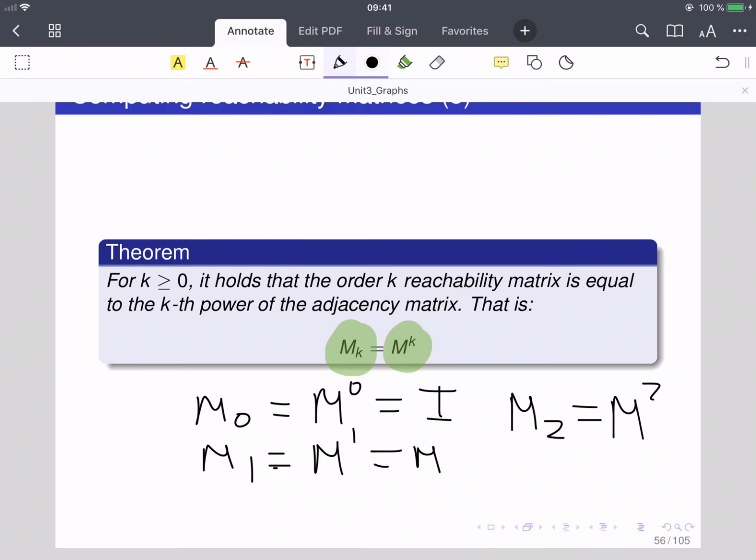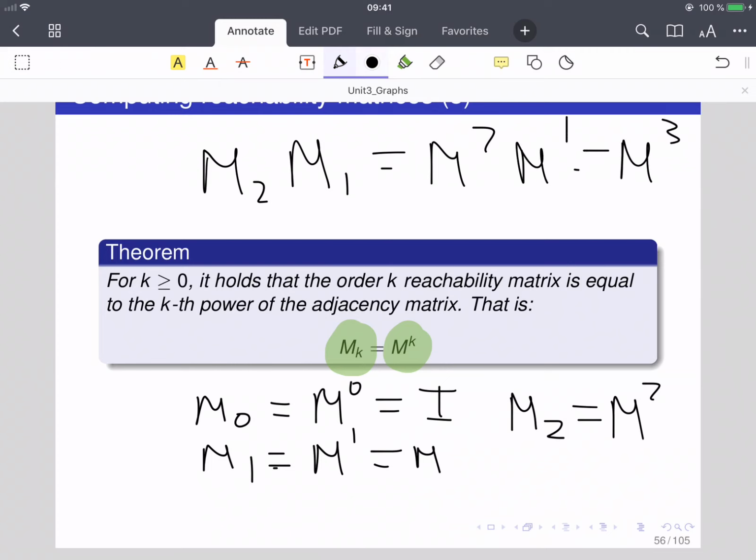For instance, if we multiply m2 times m1, we know that this is m squared times m1, which is m to the cube. We are multiplying paths of length 2 with paths of length 1, so we are getting paths of length 3. When we multiply m3 times m1, we are obtaining paths of length 3 combined with paths of length 1, so we obtain in total paths of length 4.